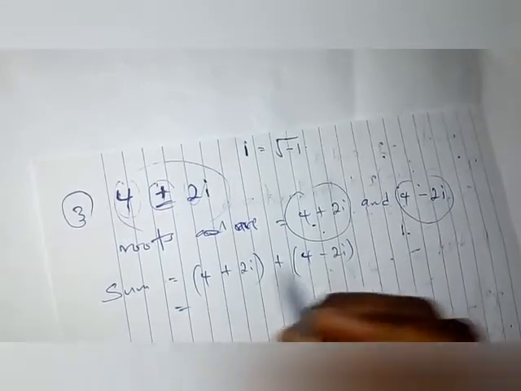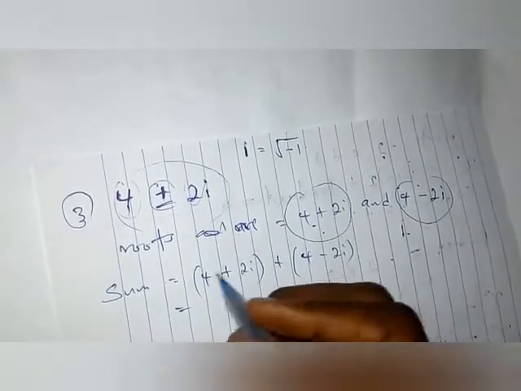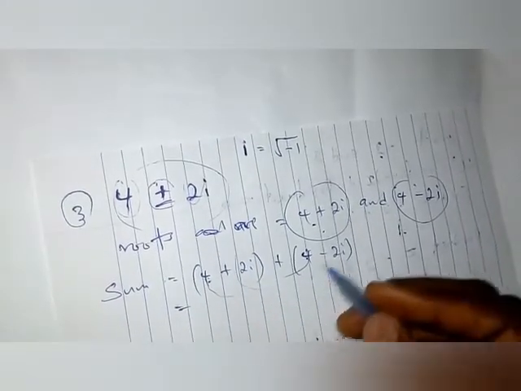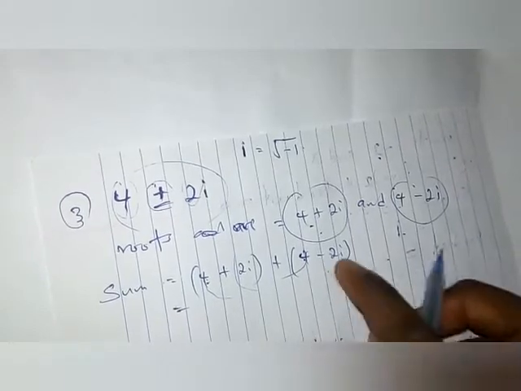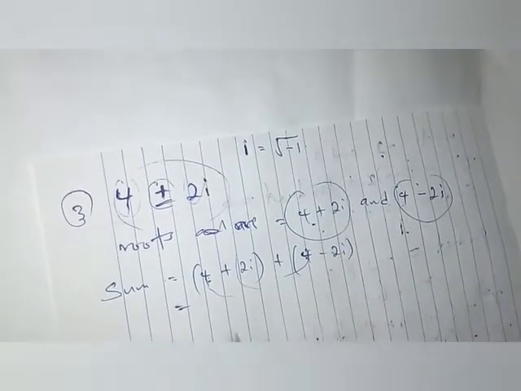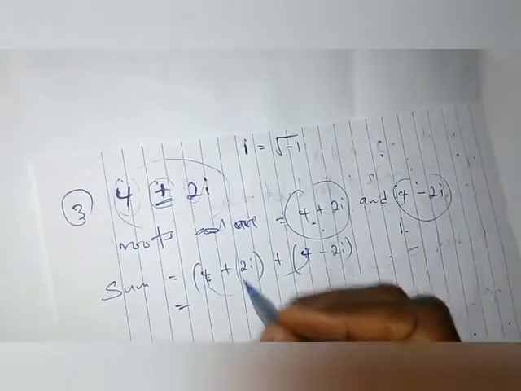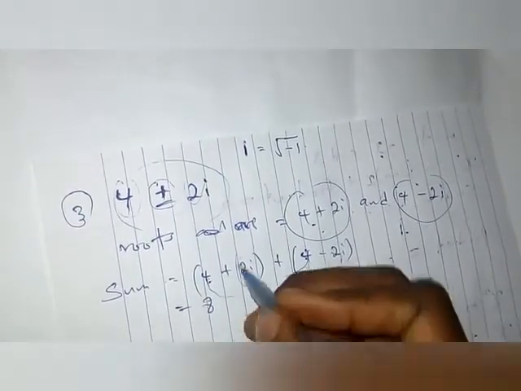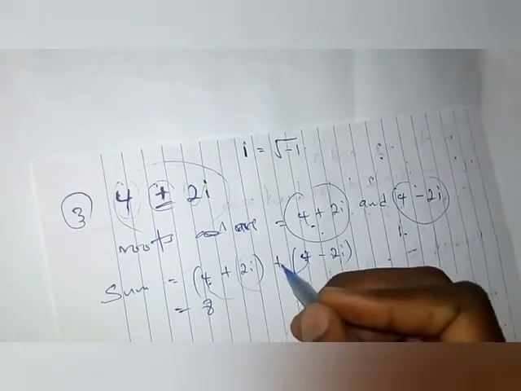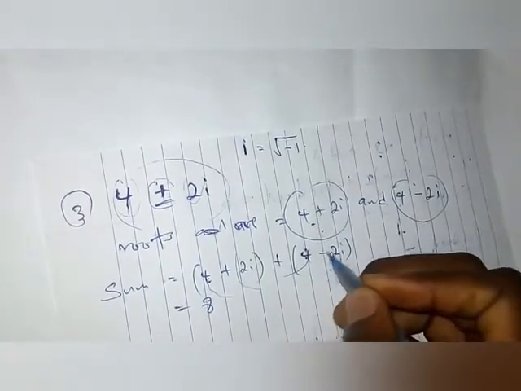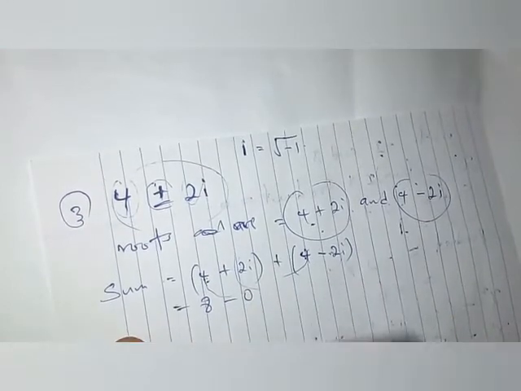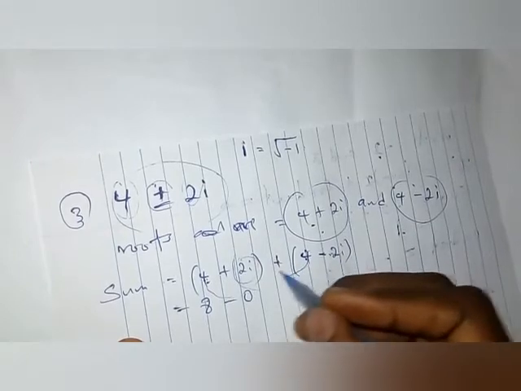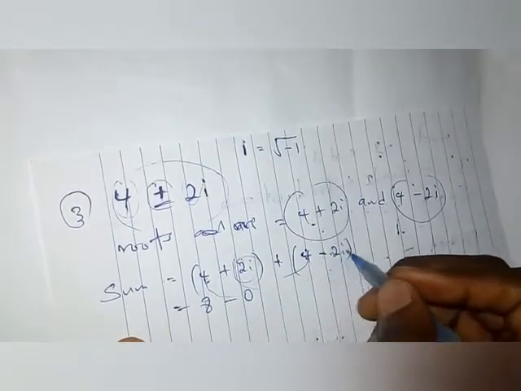You sum the real parts together and the imaginary parts together. 4 plus 4 is 8. Then 2i minus 2i is 0.